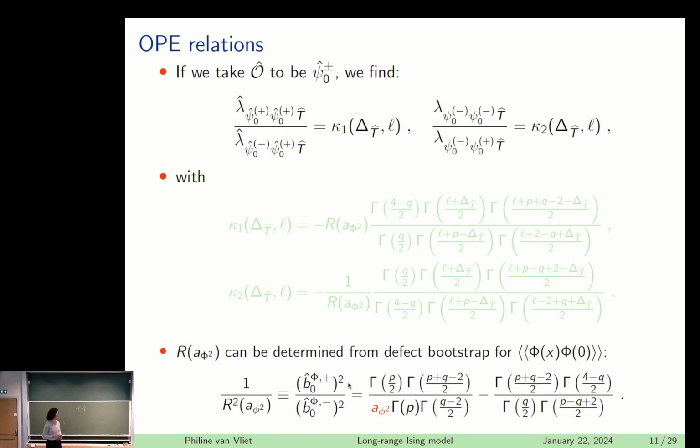Yeah, exactly. So A phi squared has to be positive. I have, in the very end, a plot of what values A phi squared can take. This is constrained by the fact that it has to be a unitary CFT. So coming from this 2-point function, if you derive this relation from there, you also find some constraints on A phi squared.